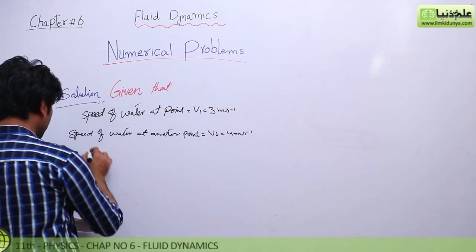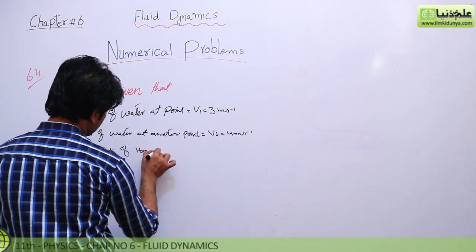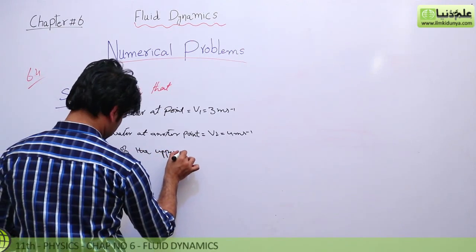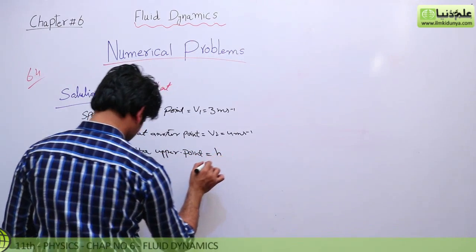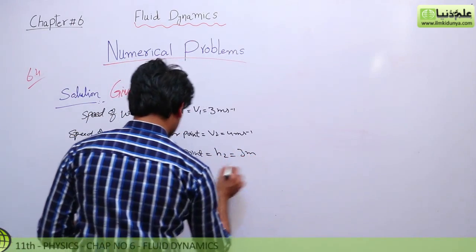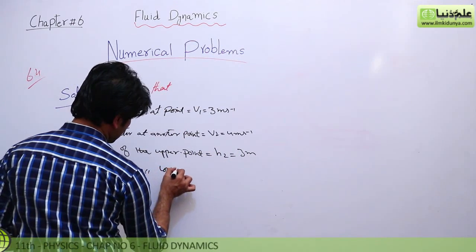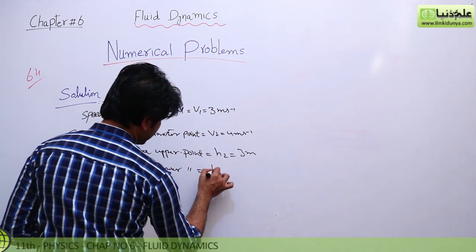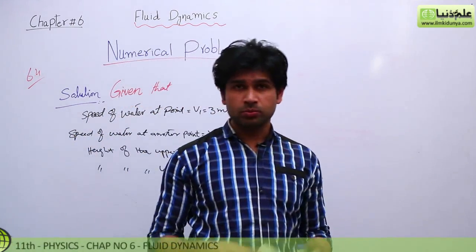Now students, height of the upper point can be written as H2 equal 3 meter, and height of the lower point can be written as H1, which is at the ground, so we write 0 meter.